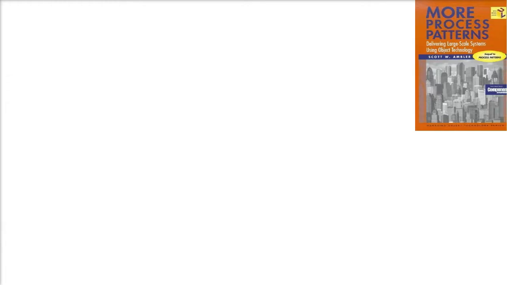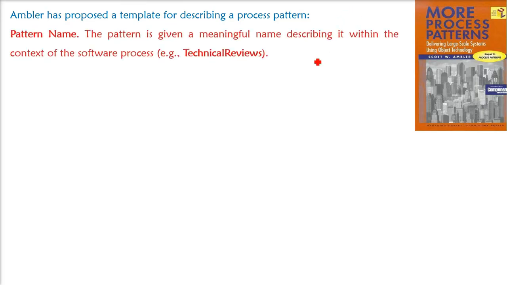Okay, I hope you got an idea how we write a pattern. So Ambler has proposed this template which you just saw, how to describe a process pattern. So this is one of the books I showed. He wrote so many books. So a template, that is, this is the way you have to write. The first thing I showed you was the pattern name.